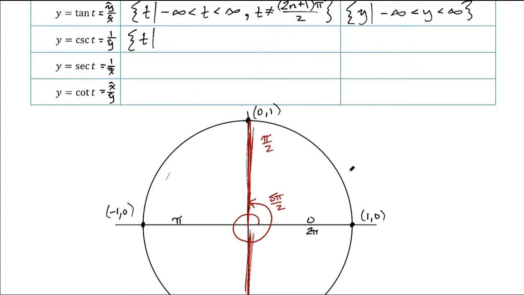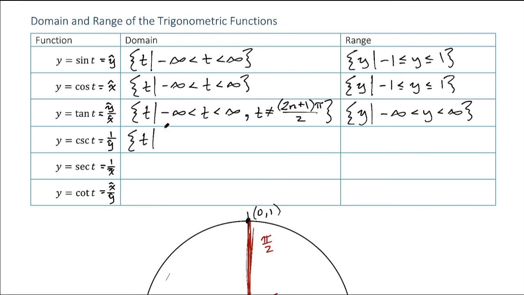And we can't have those. So for our domain, we're going to say, again, any real number, of course, except we also need t not to be, t cannot equal an integer value of pi. We'll call that n times pi, where n is an integer. And we should probably say up here, n is an integer in all of these when we're using n.